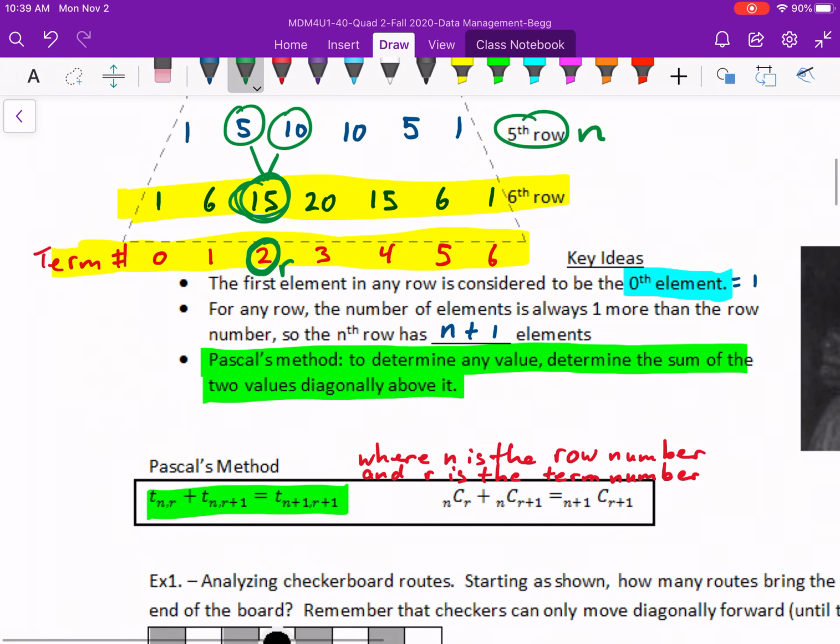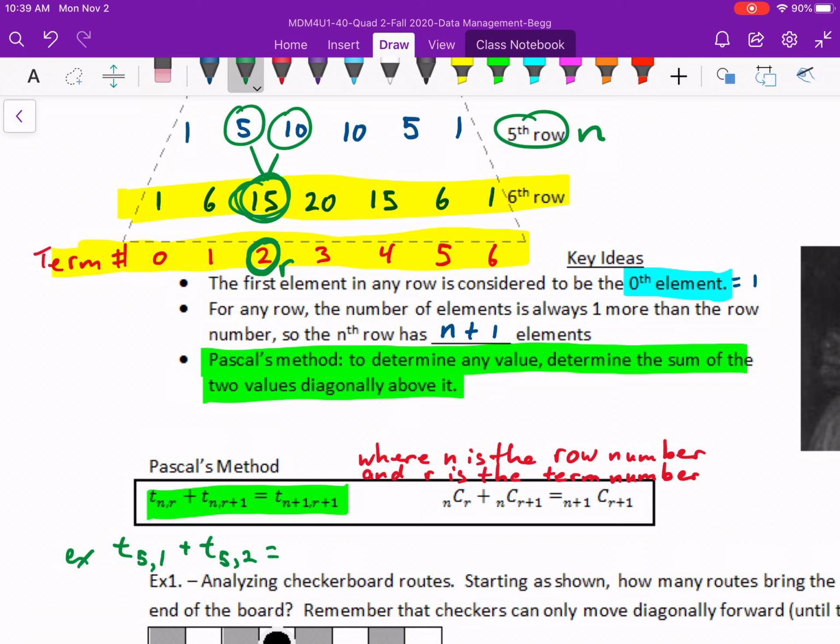So that 5 that I've got circled up above is in the 5th row, and it's the first term, right? Because we start at 0. The 1 would be term 0, the 5 would be term 1, plus the term beside it, which would be in the 5th row again. The term beside it is the second term, so that's r plus 1.